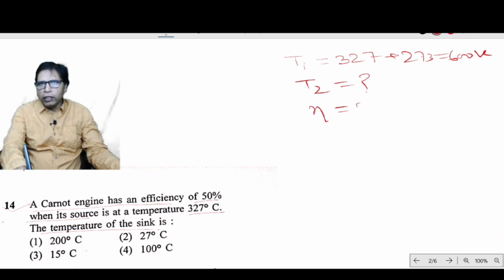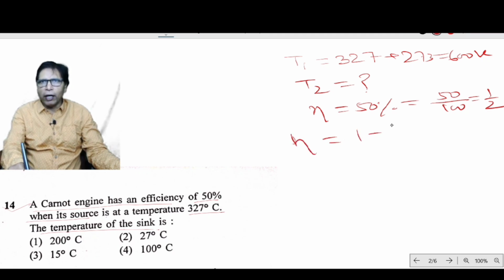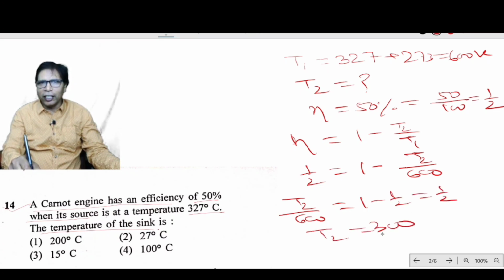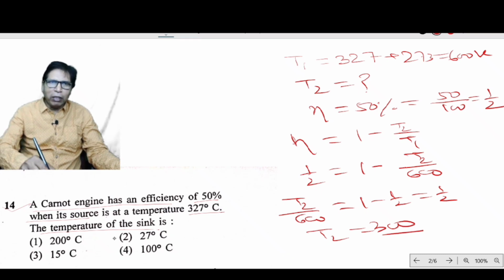Efficiency eta equals 50%, that means 50 by 100, that means equal to half. So eta equals 1 minus T2 by T1. Here this is half, equals 1 minus T2 by 600. So T2 by 600 equals 1 minus half, so this is half. Therefore T2 equals 300 Kelvin. Now 300 Kelvin means this is 27 degrees Celsius.